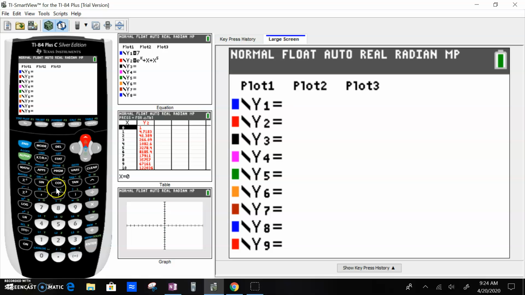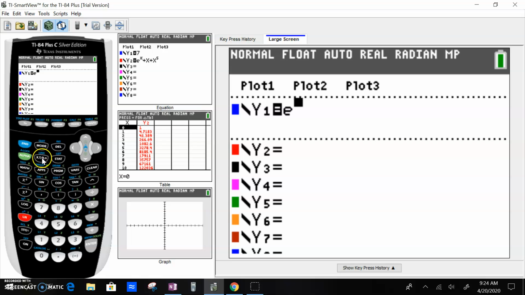And I'm going to do my e to the x. So let's see, I'll go second e to the x, and then I'm going to go plus 1 and plus 5x to the, what would it be, to the 4th power, we said. And that's going to give me a graph, and they show it on the blue line down here.